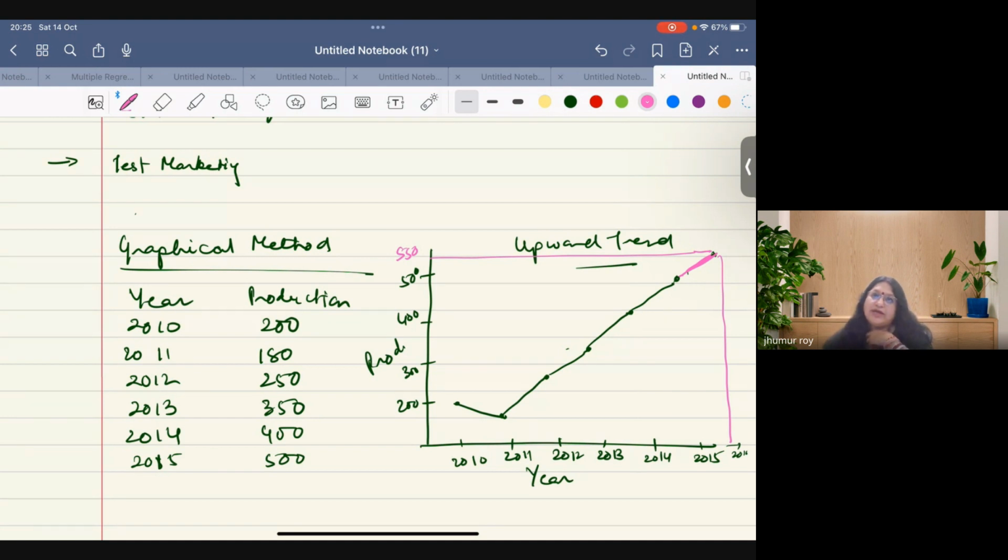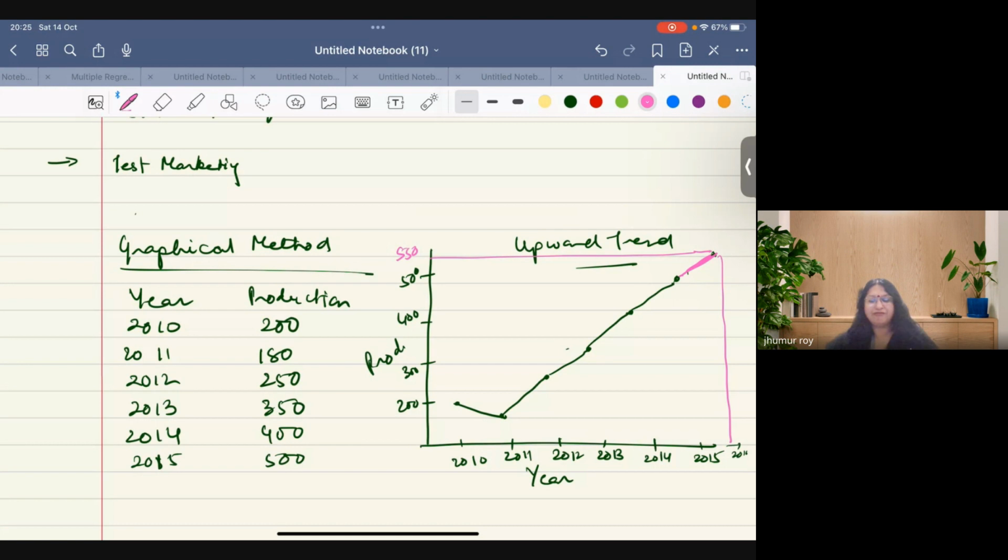So that is called the graphical method, and it's very popularly used. You can see in stock markets and all, people will say, oh, there's an upward trend, oh, there's a downward trend. So very frequently graphical method is used for forecasting different kinds of demand. So just looking at the diagram, you can say, oh, see how nice it is that there's an upward trend.